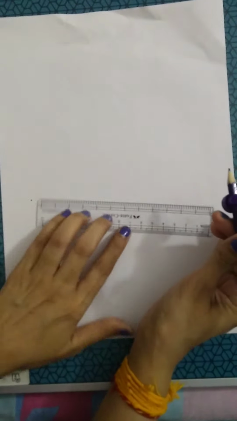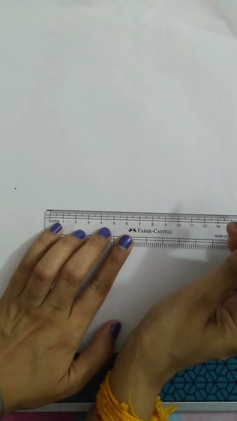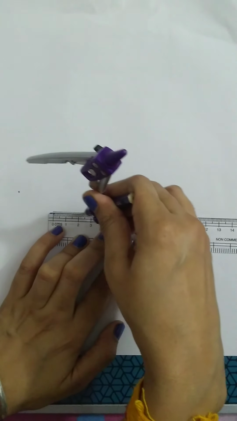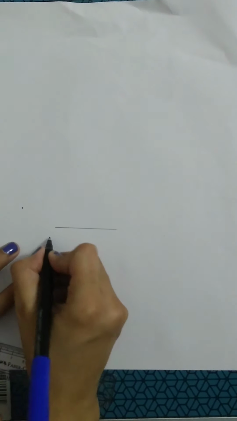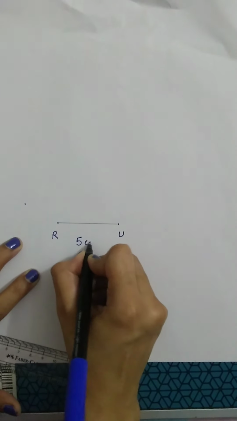First of all, RU is given to be 5 centimeter. With the help of scale, I will be just drawing one line segment RU, which is 5 centimeter here. Okay, this is R and this vertex is U and it is 5 centimeter.